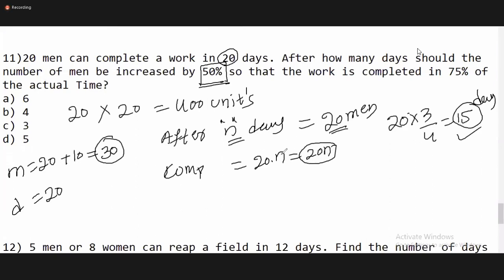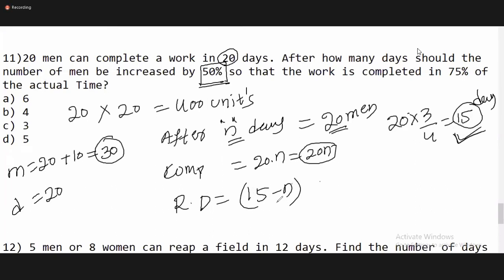Guys, now tell me, I think this will look complicated, but I'll make it easy. After n days, the remaining days would be what, Nana? Because my work has to be completed in 15 days only, no? My remaining days are 15 minus n.